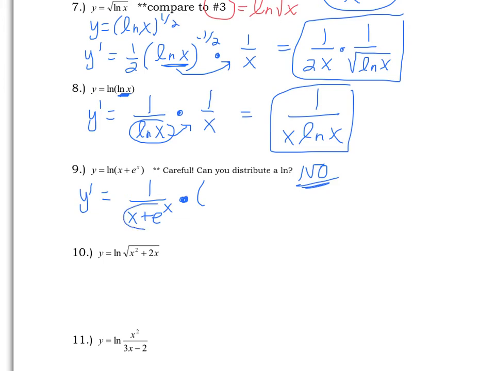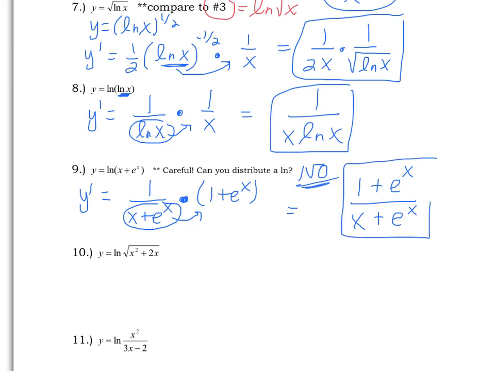This inside is this piece right here, so 1 plus e to the x. We can write this as 1 plus e to the x all over x plus e to the x. Do not be tempted to cancel those e to the x's. You can't do that. That's as far as we can take that.